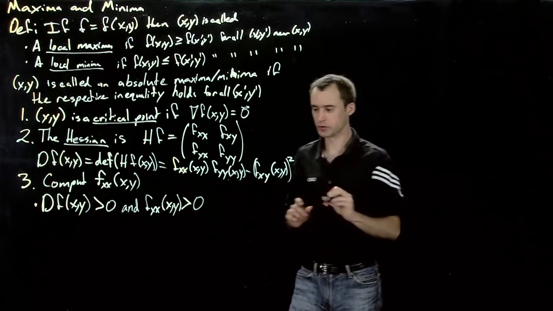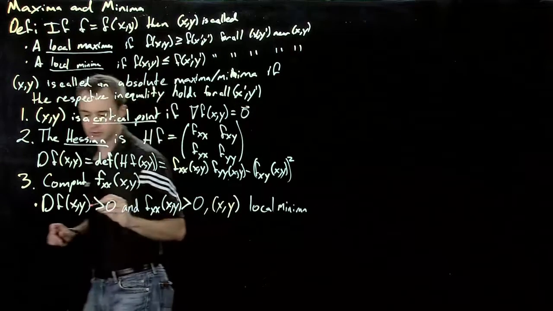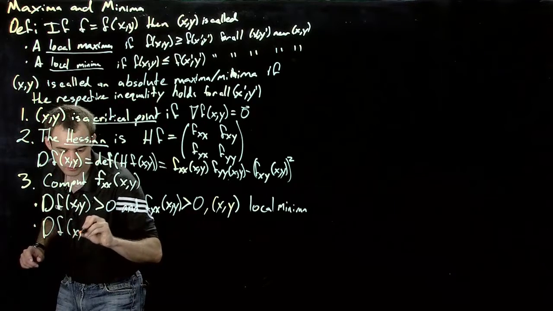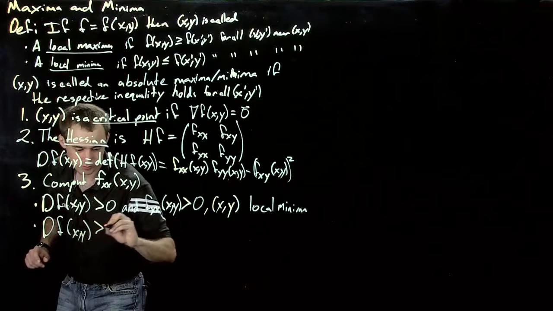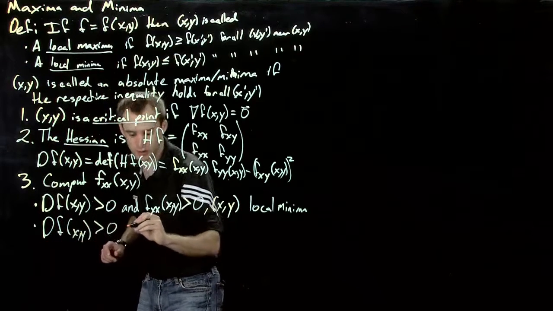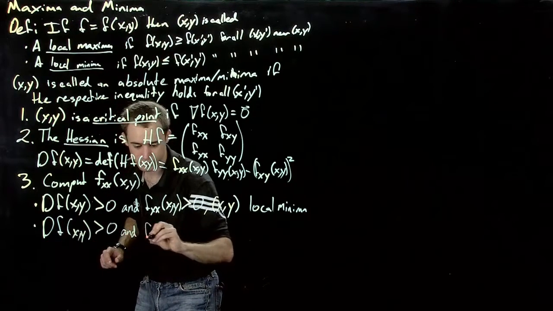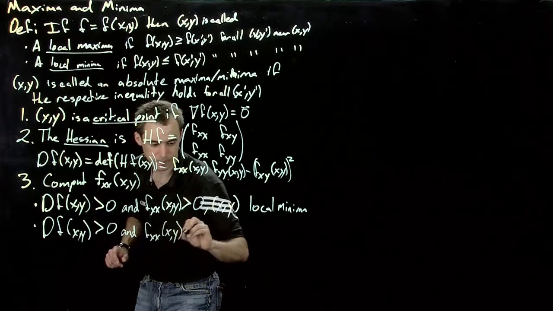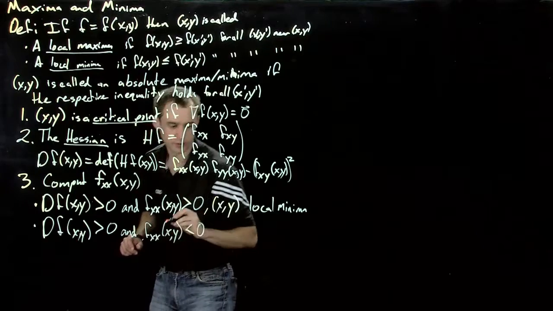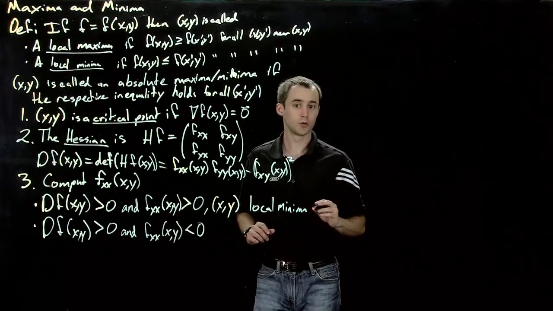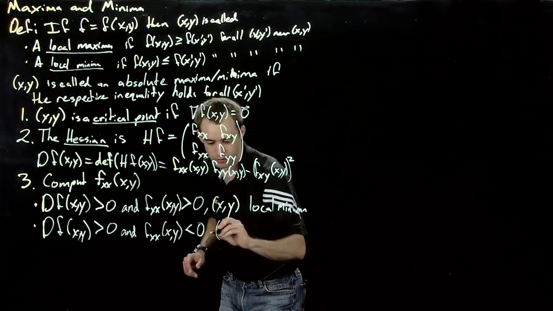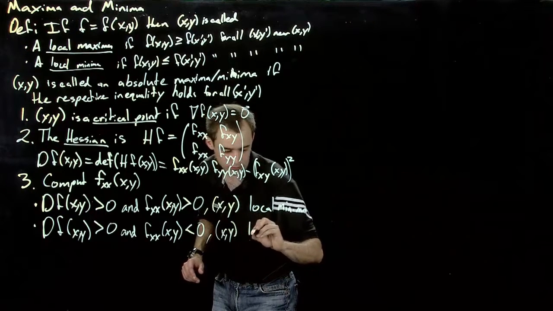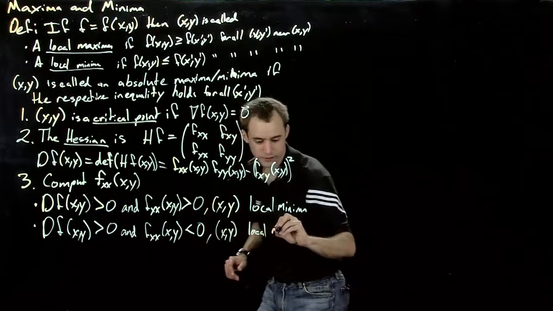Now the opposite: we still have D f at (x,y) greater than 0, and now f_xx at (x,y), let's say, is less than 0. Well then, (x,y) is a local maxima.